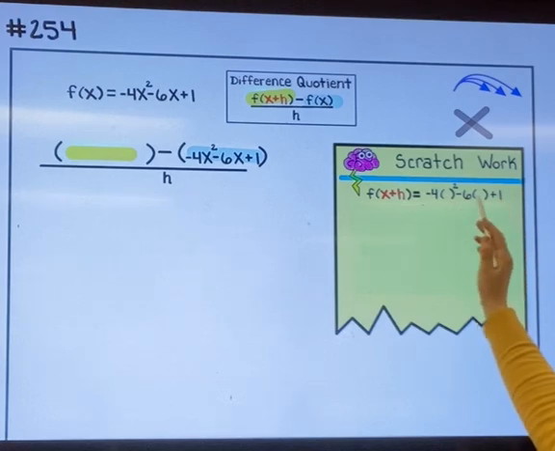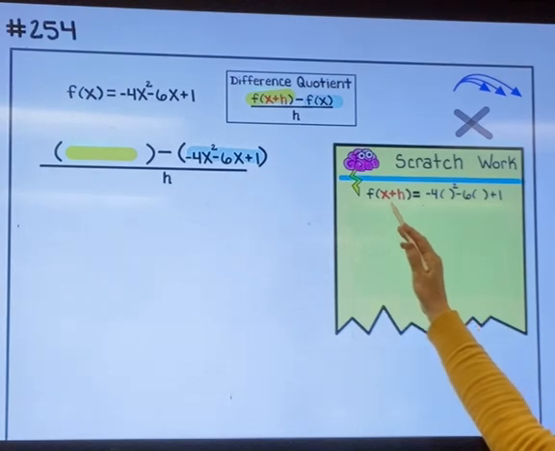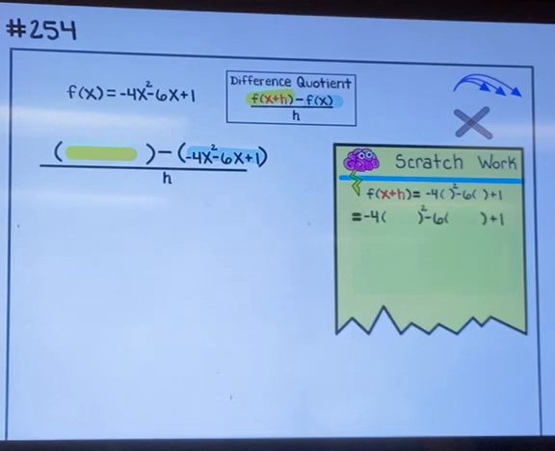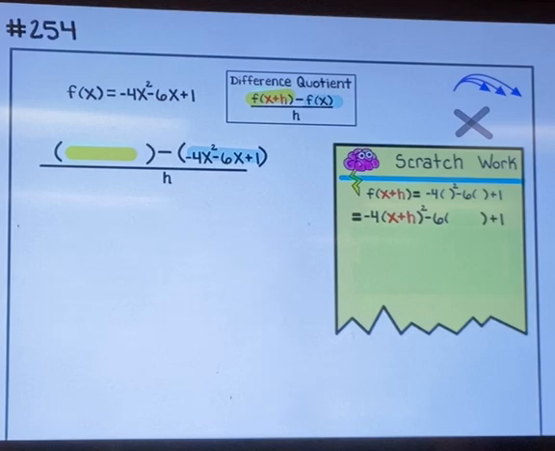And every place there's an x in the original function, we're going to replace it with x plus h. So I'm going to come in here, and inside parentheses, I'm going to put x plus h, and inside parentheses, I'm going to put in x plus h.